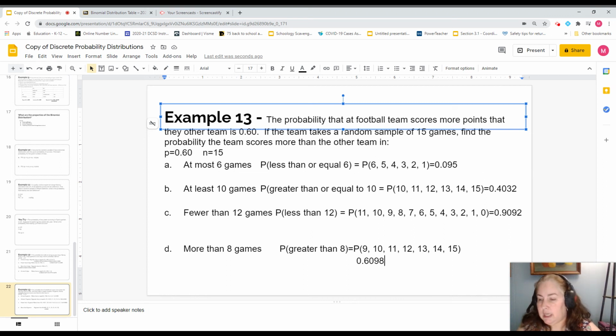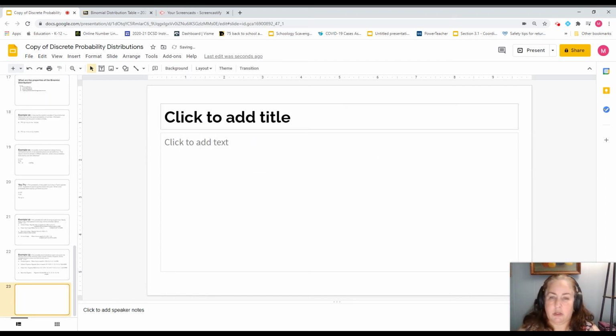Now, the next thing is the mean and the variance and the standard deviation for a binomial. So let me add a page here. All right, so let's make an example.